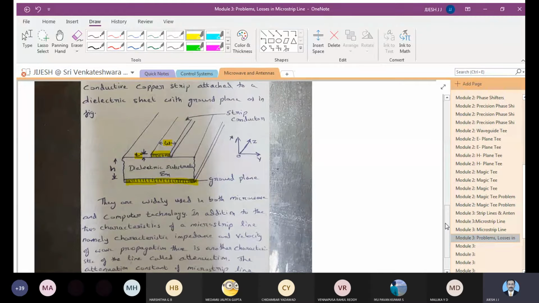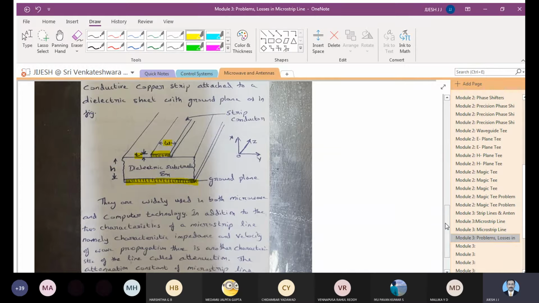when you are transmitting the signal through a microstrip line, and how the edges react when you are passing the signal through a width of W and thickness of T, placed on the dielectric substrate epsilon r of height H, which is on the ground plane.